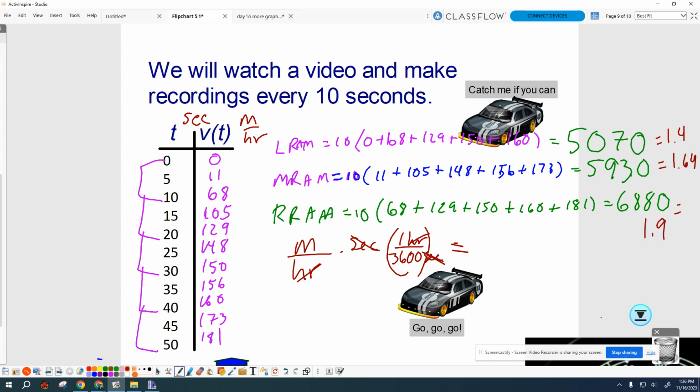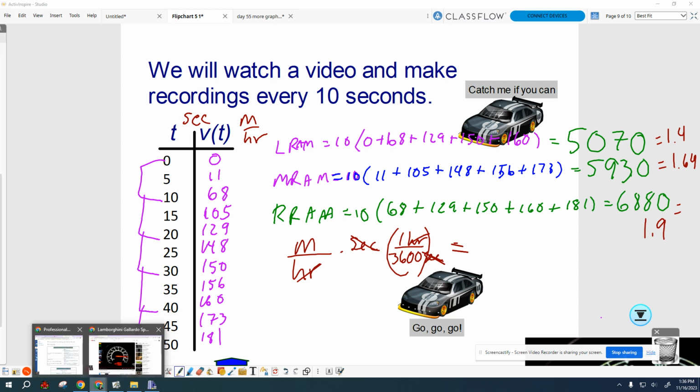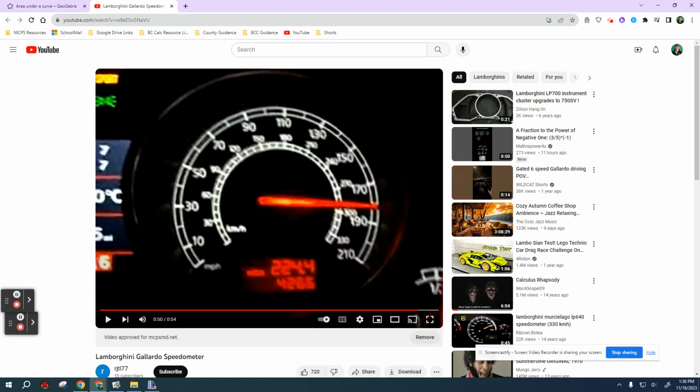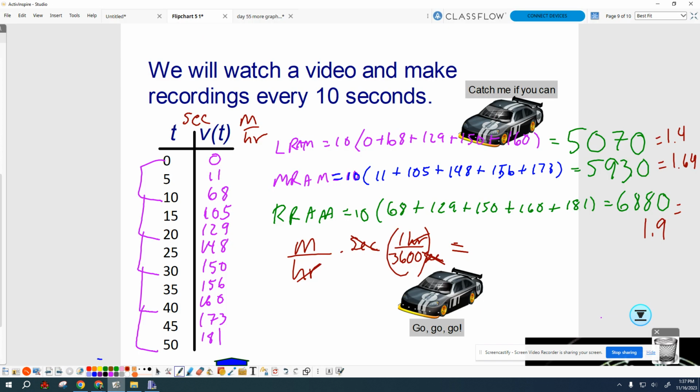Okay, so looking at the mileage here, 224.4.